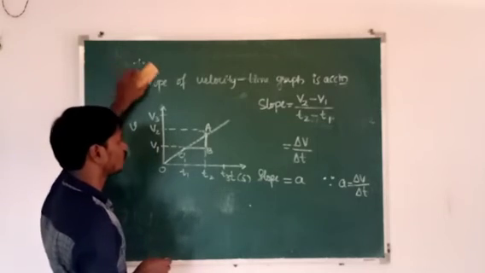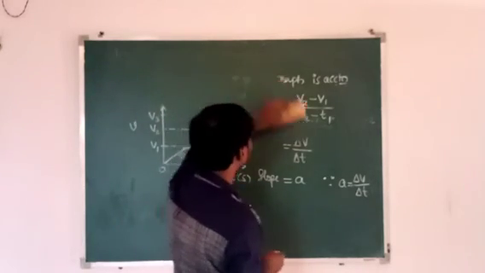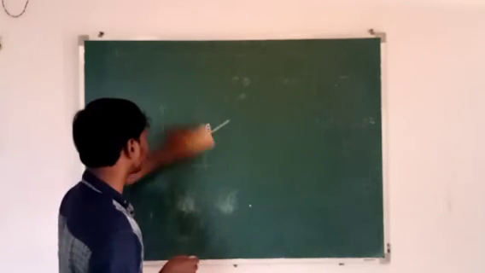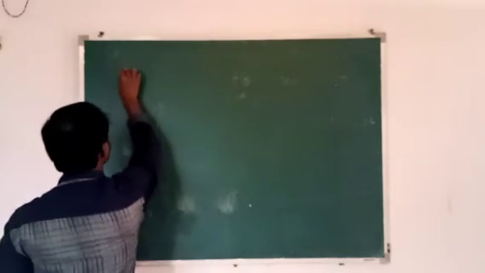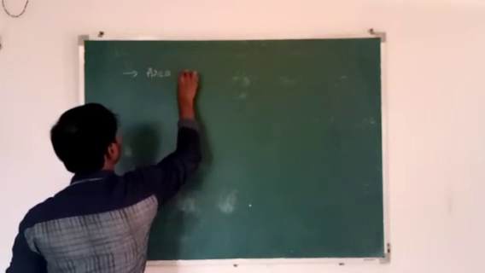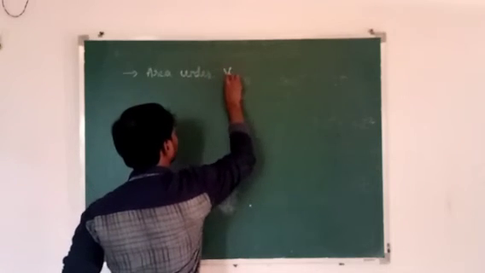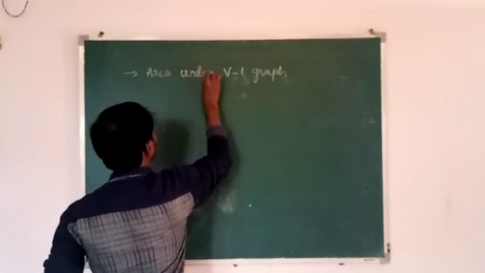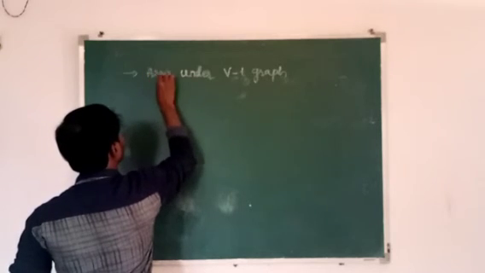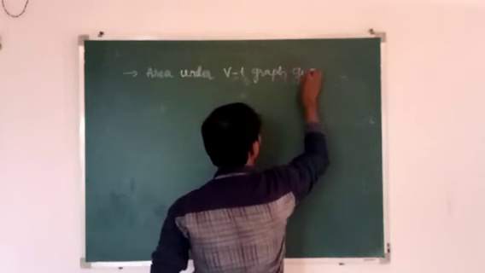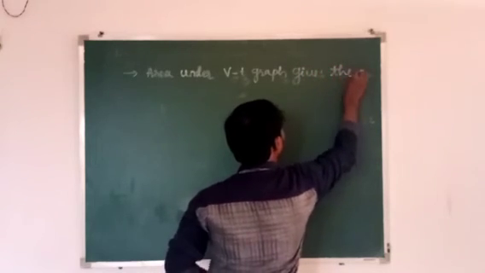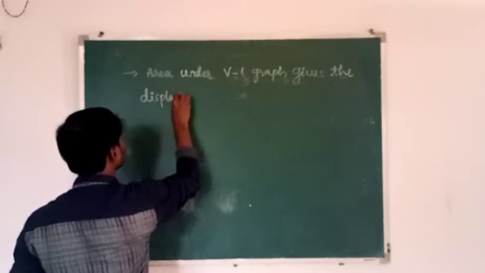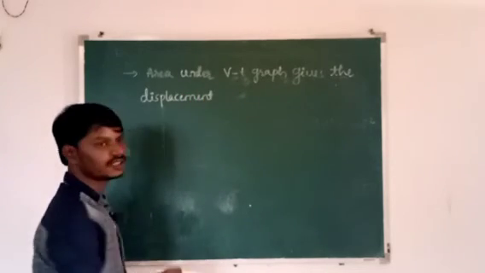Second one, area under velocity versus time graph gives the displacement. Let us prove that.